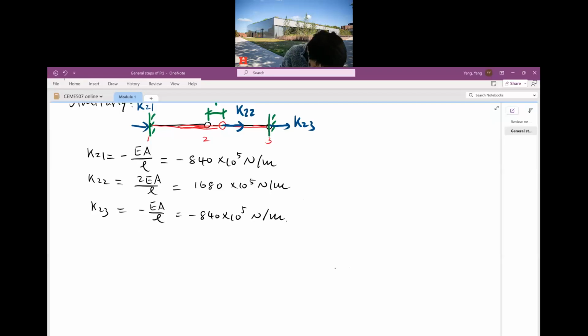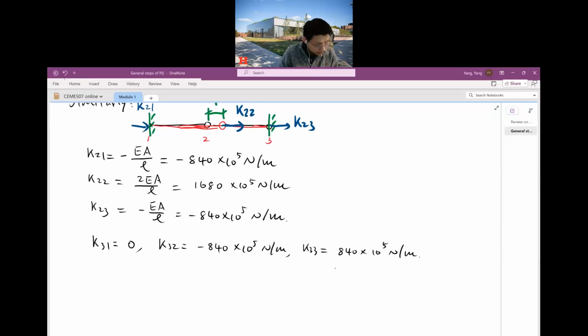So here we have the K31, that's equal to 0. K32, that's equal to minus EA over L. The K33, that's equal to EA over L. So that we can have the K. So we go to step 4.